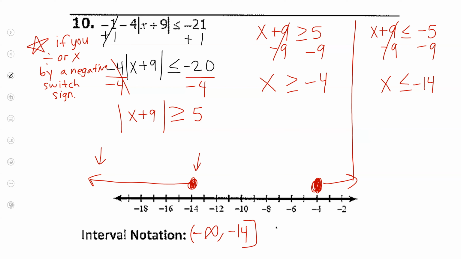A bracket. Then we're going to do our union symbol. That means and in mathematics. Next thing we see is a closed circle at -4. That would be a bracket at -4. And the last thing we see is an arrow, and that arrow is pointing to infinity. So that's how you do the interval notation.